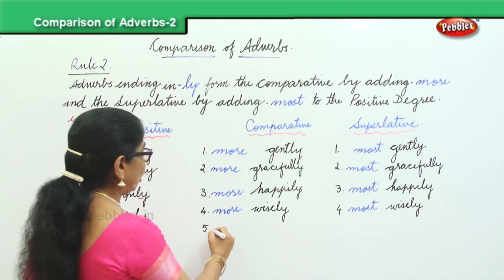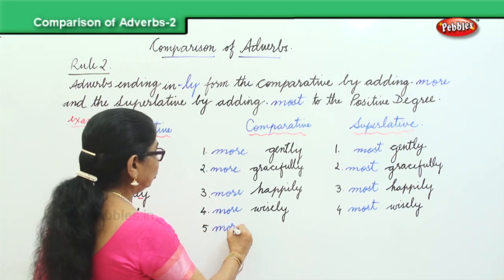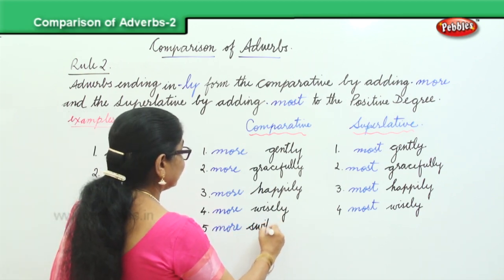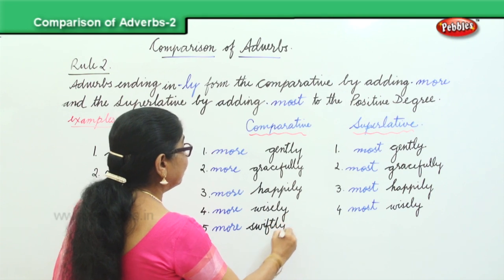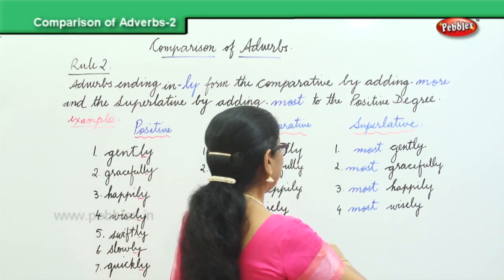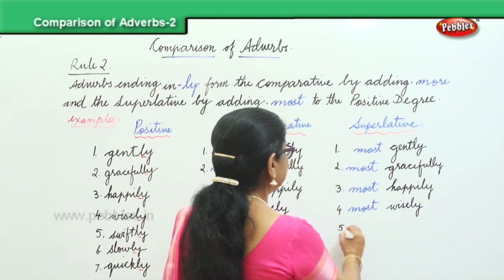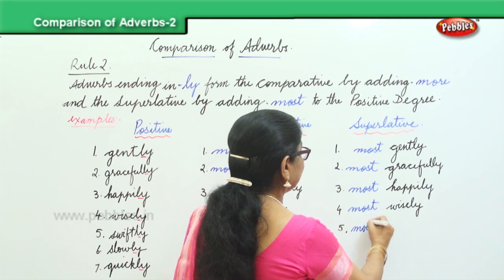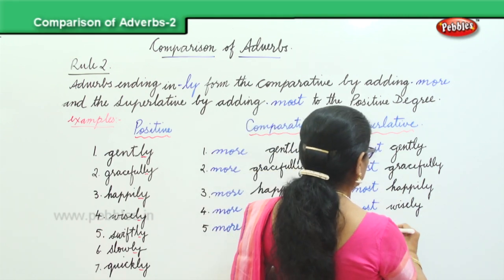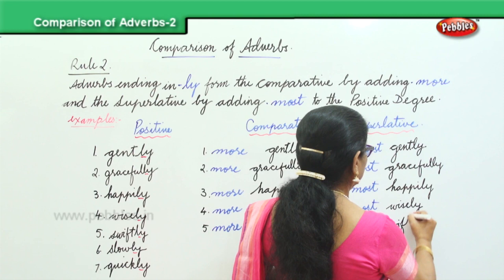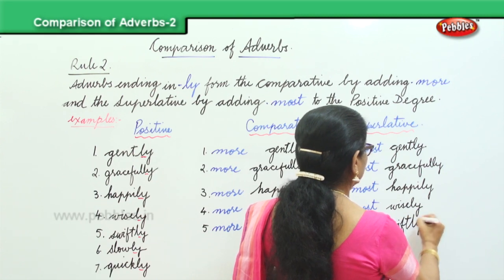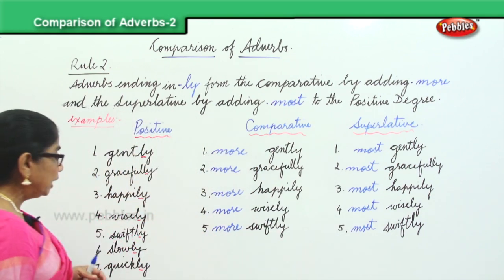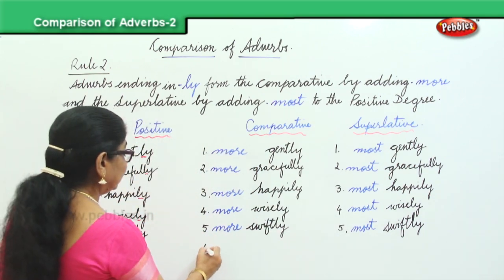Then the fifth one we have is swiftly, more swiftly, most swiftly. And then you have slowly.